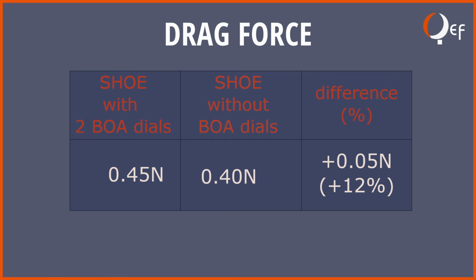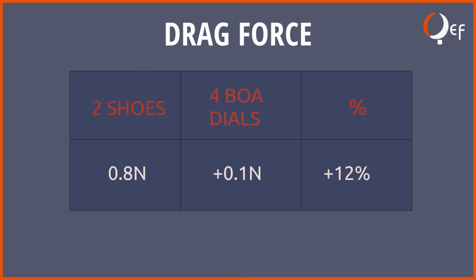Since the environment we studied can be considered exhaustive in terms of the dial's effect on the whole cyclist, we can generalize the impact of two shoes with two BOA dials each as an increase of 0.1 newton in the total drag force of a cyclist.